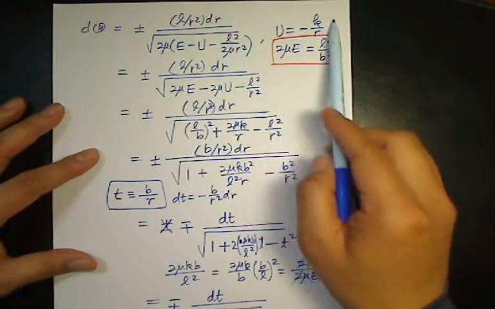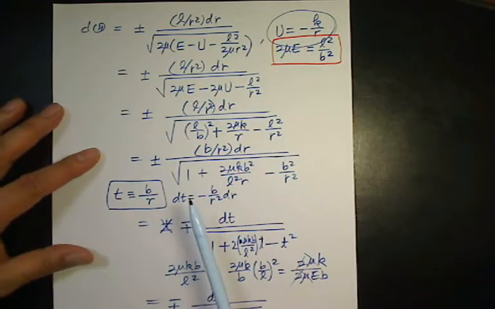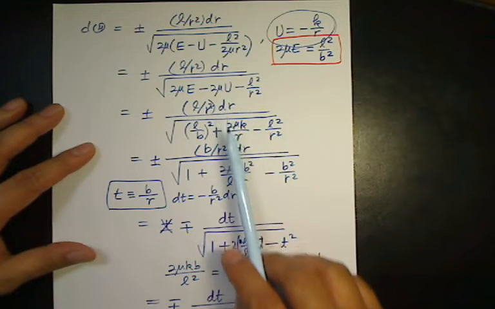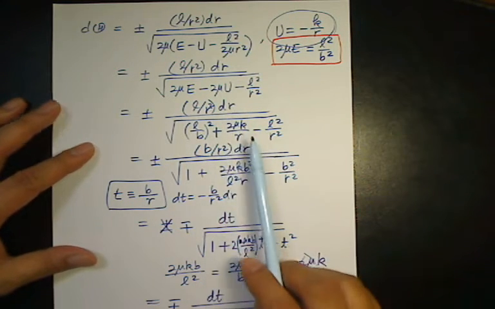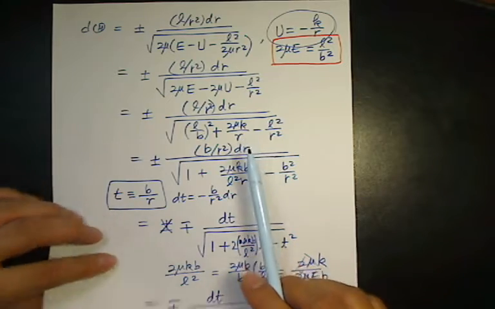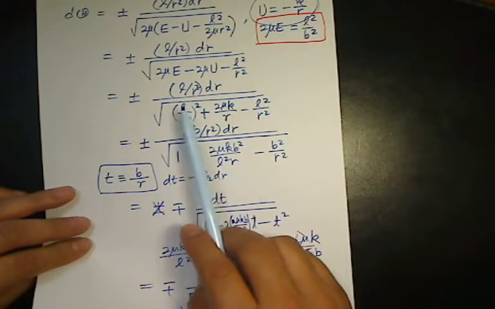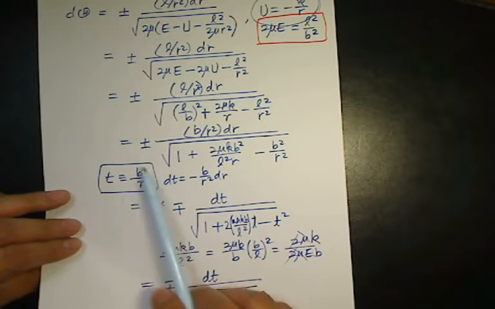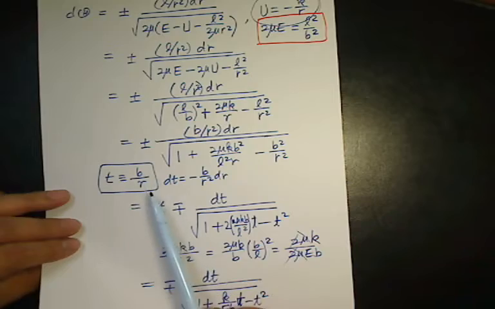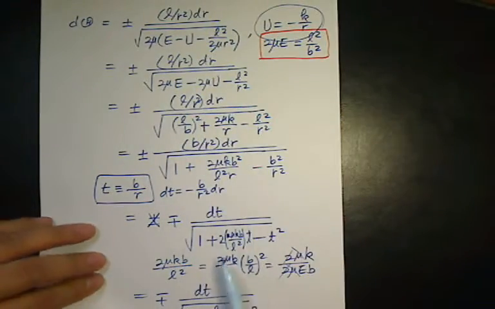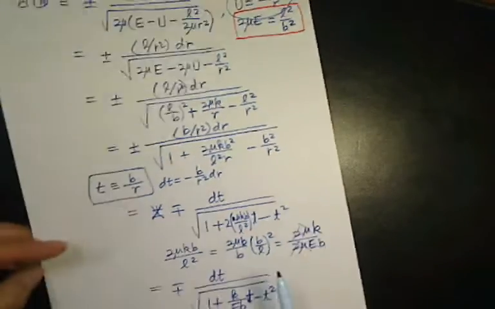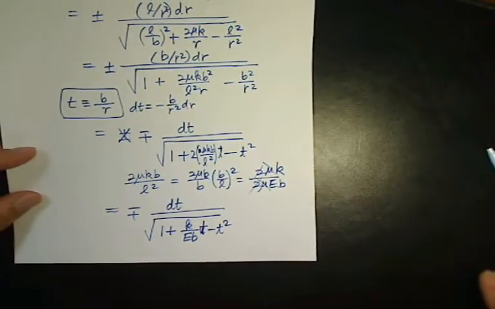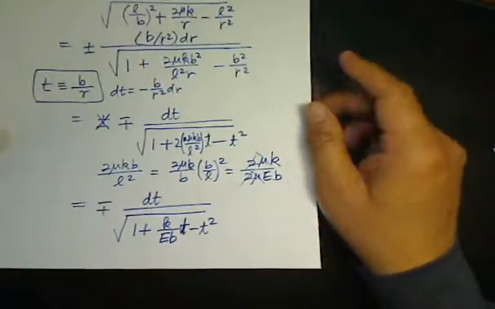And in case we have an inverse square law, then we can substitute the U with this expression. Alright, we can pull this L over b out and replace the integration in terms of t, where t is b over r. Then this complicated form becomes relatively simpler. So this one is very closely related to the arc sine integration.